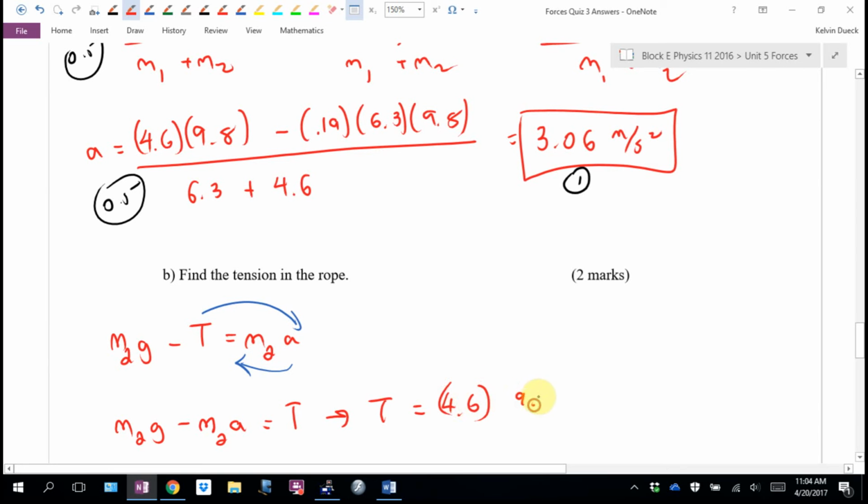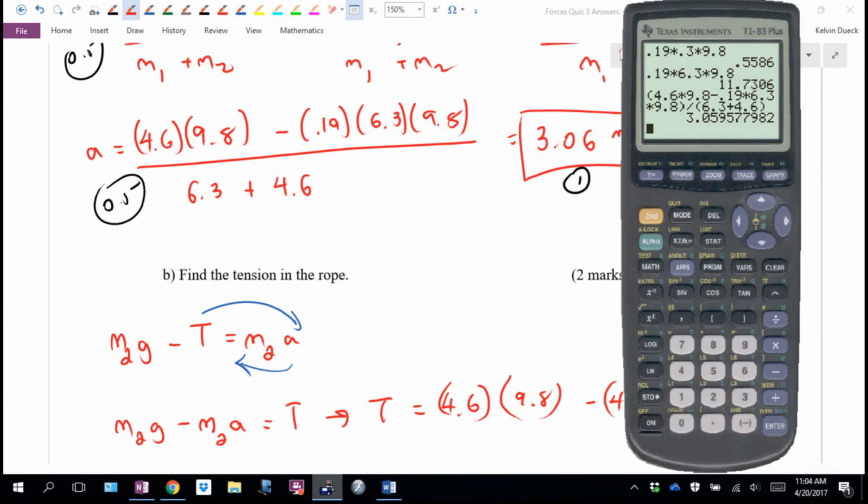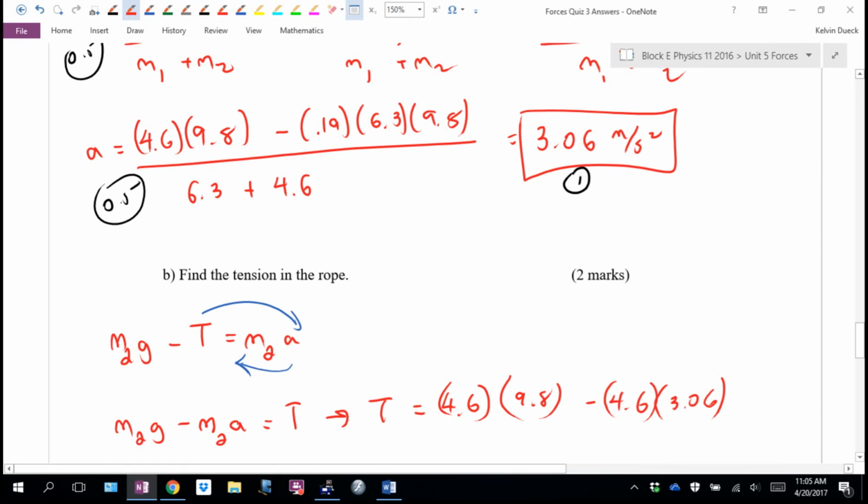Times 9.8 minus 4.6. Connor, I'm going to write 3.06, but you know I'm using my answer button because it's still stored. 4.6 times 9.8 minus 4.6 times answer button. Do y'all get for tension, oh, almost exactly 31 newtons? Almost worked out evenly?